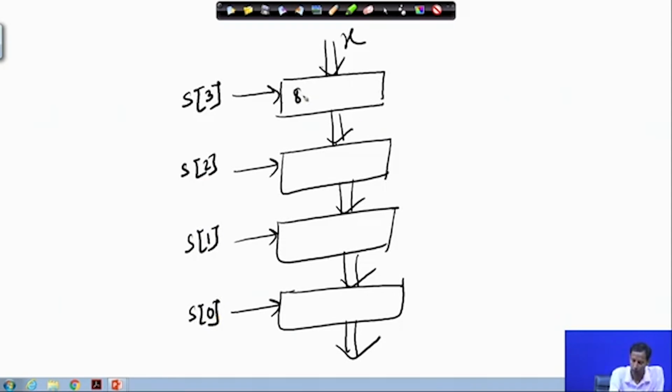So, this is the 8 bit control shift, this is the 4 bit control shift, this is the 2 bit control shift, this is the 1 bit controlled shift.